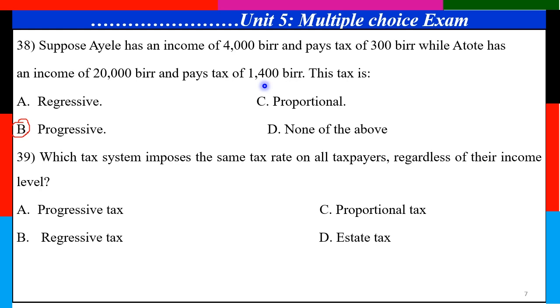So this directly belongs to the progressive taxation. You know what progressive taxation means: a type of tax that an individual person pays or contributes according to his or her ability, according to his or her income. This is what we mean by progressive taxing.